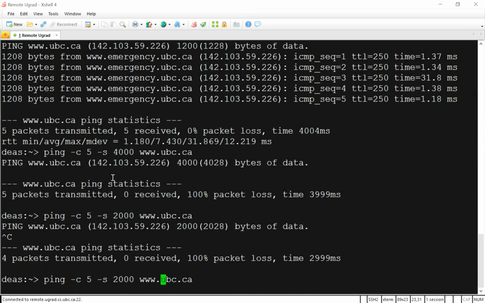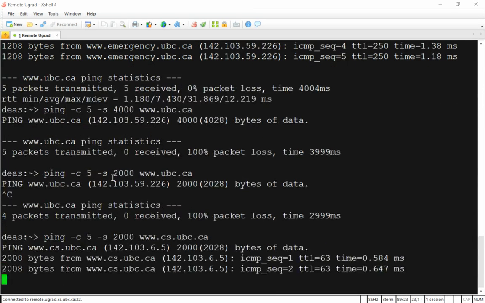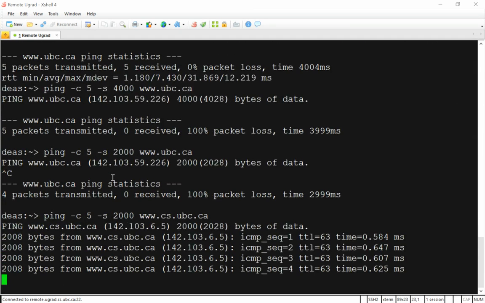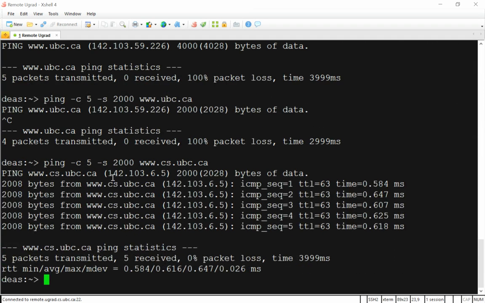See if CS is friendlier. So CS will do it. In this particular case, since we're sending 2,000 bytes, I'm going to do 1,000 first of all.